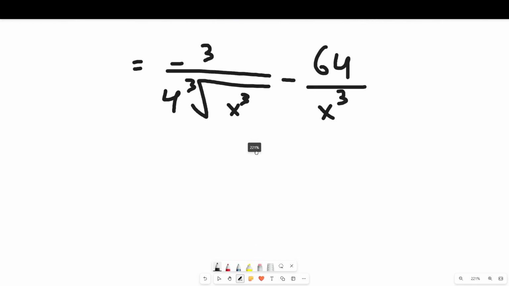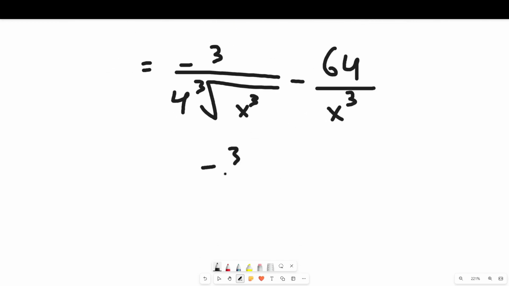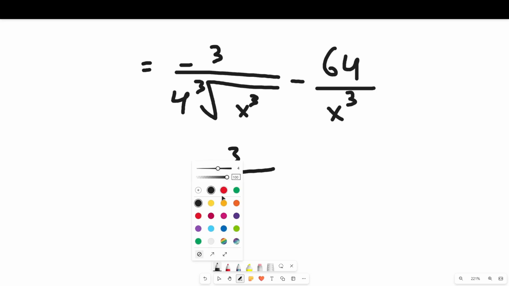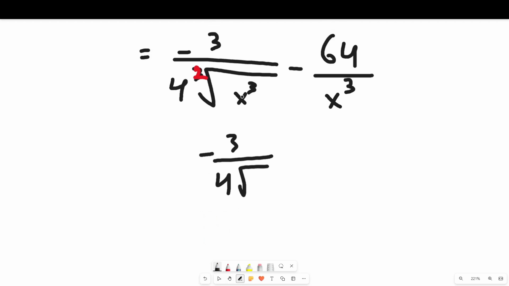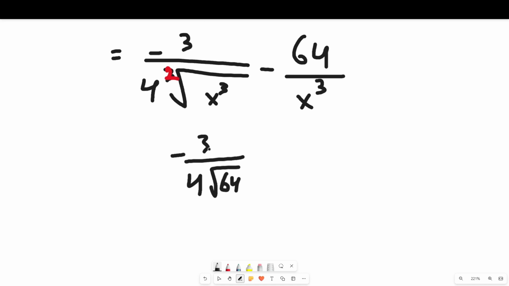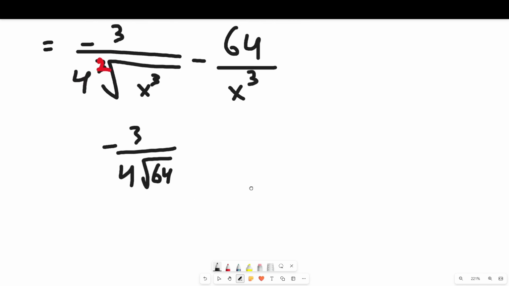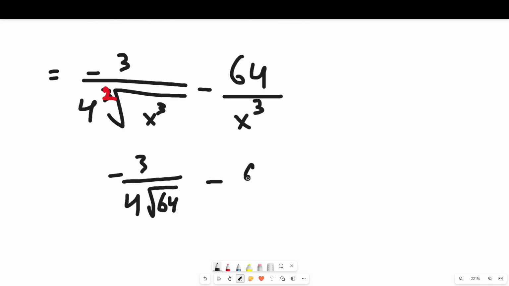Let's do that. So -3 over, and this is not meant to be a 3. That's meant to be 2. So just ignore that. So square root of 4 cubed is just 64, and then that'll be -3 over 4 times 8. So we'll worry about that later. Minus 64 over 64, so just -1.